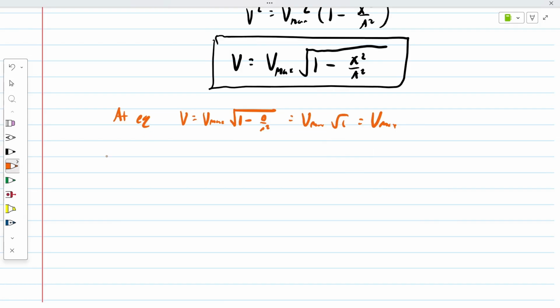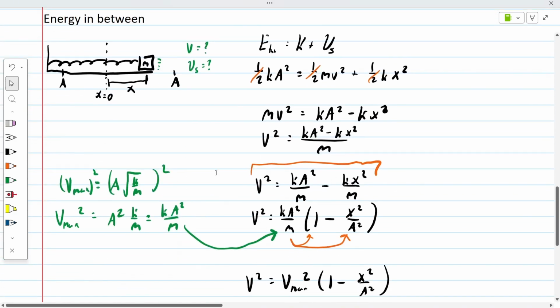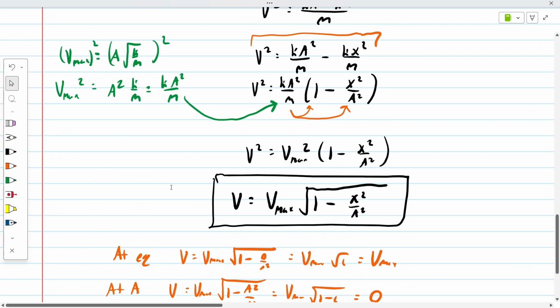And then if we're at the amplitude, then v equals v max square root of 1 minus the amplitude squared over the amplitude squared, which equals v max the square root of 1 minus 1, which just equals 0. So the velocity is 0, which we know at amplitude the velocity is 0. So that's a way to check that this equation works for points that we already know. So now we can find what the velocity would be at any point along this x.